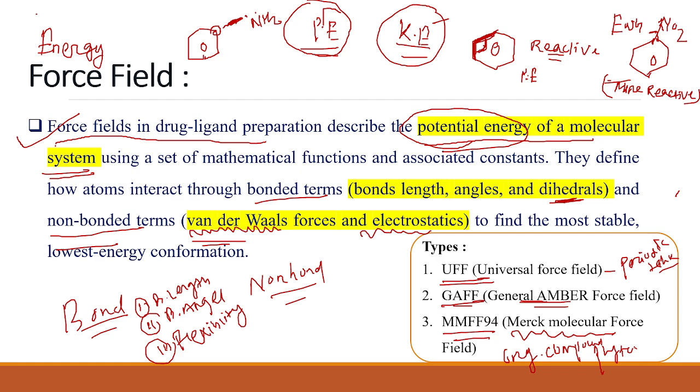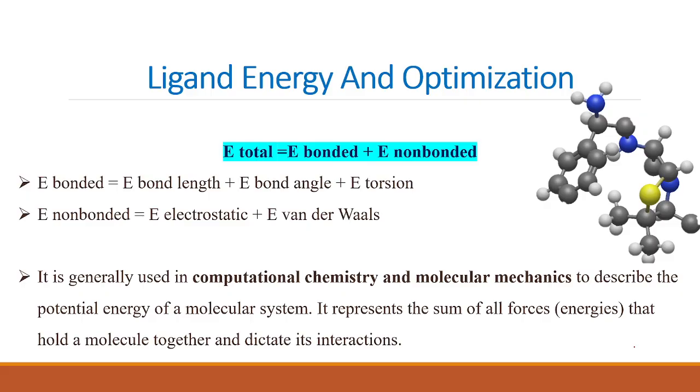Now talking about the ligand energy and optimization. The total energy will be E bonded plus E non-bonded. So the total potential energy of the compound, the force field, is equal to bonded plus non-bonded.